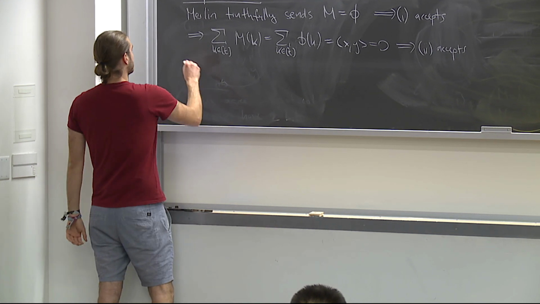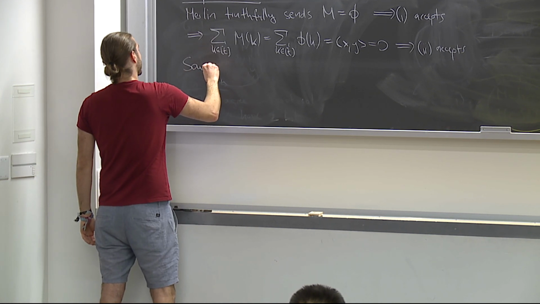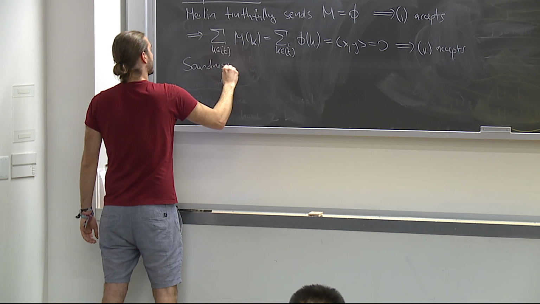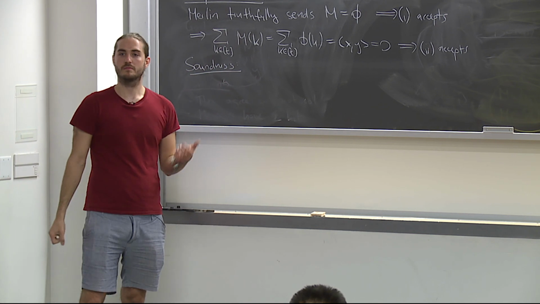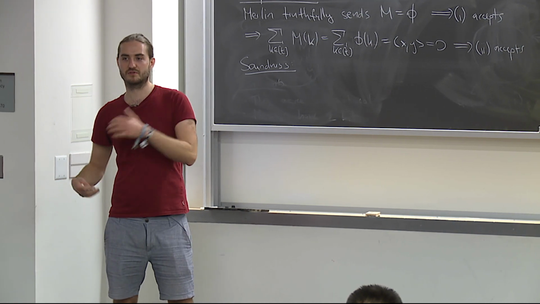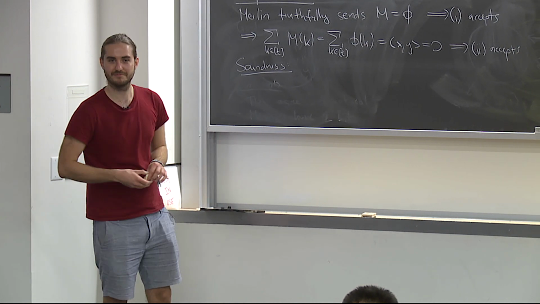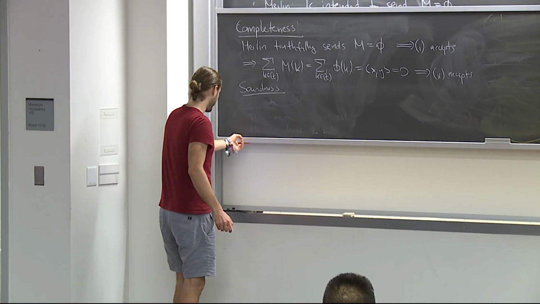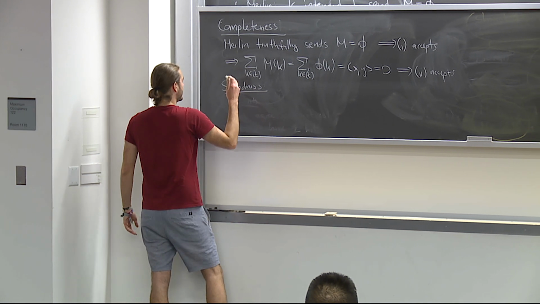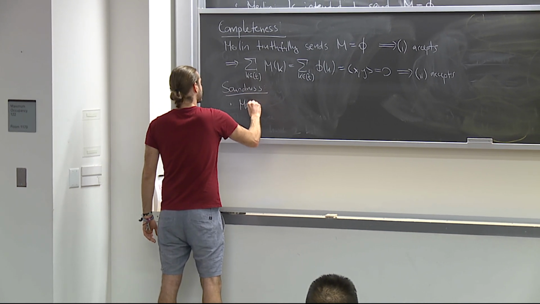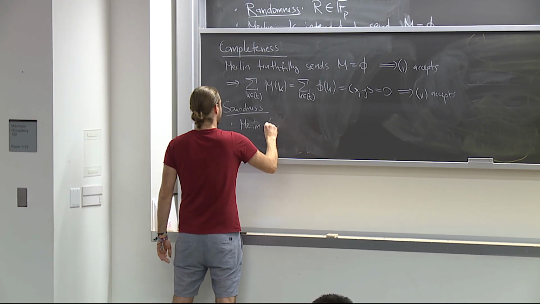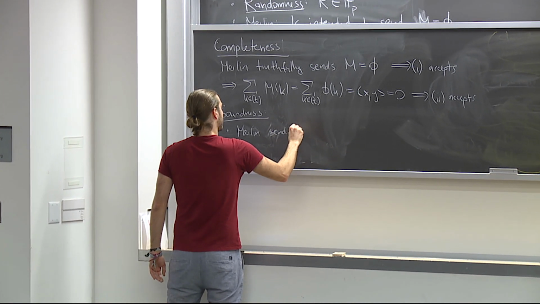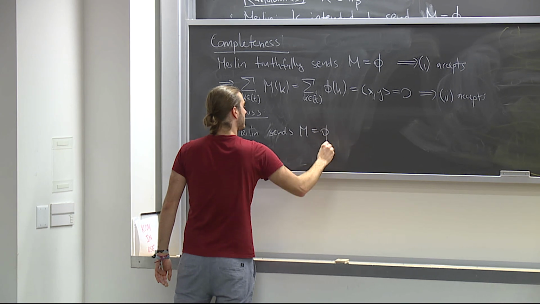Let's talk about soundness. There are two cases. Merlin could try to cheat or not cheat. Let's have the first one first. Suppose Merlin would truthfully send the right output. Merlin sends m equal to phi.